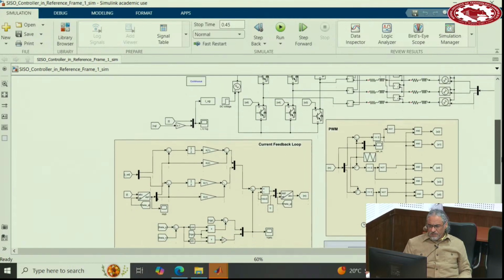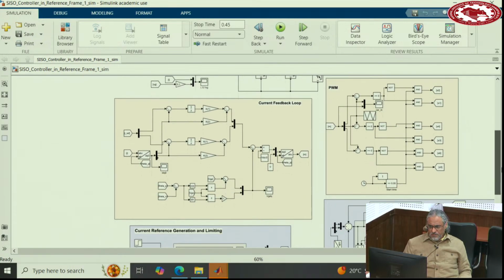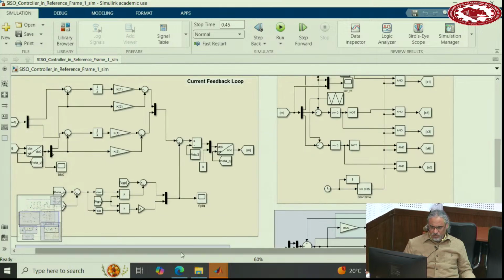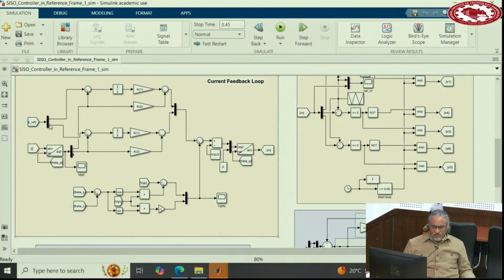The power circuit is as before, and this is the CISO controller in DQ, not in alpha beta. So the reference currents are DQ.